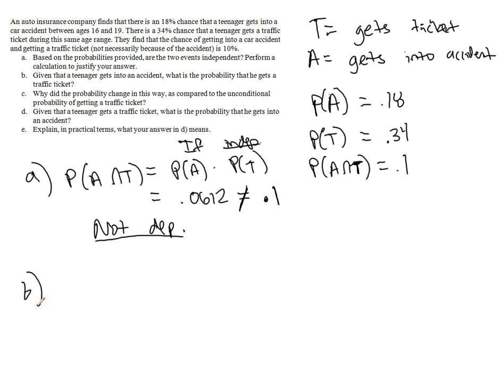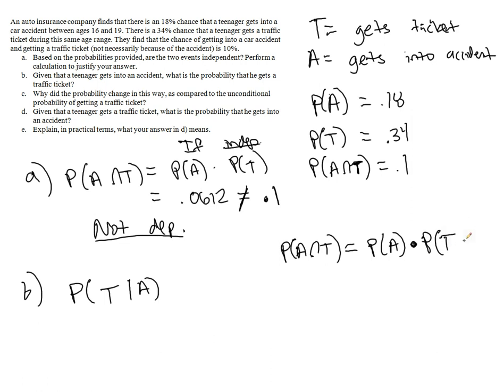Okay, so we want to know the probability that, given that a teenager gets into an accident, he gets a traffic ticket. Well, we know that the probability of A and T can be given to us by taking the probability of A, the probability of getting into an accident, multiplied by the probability of getting a traffic ticket given that you've gotten into an accident.